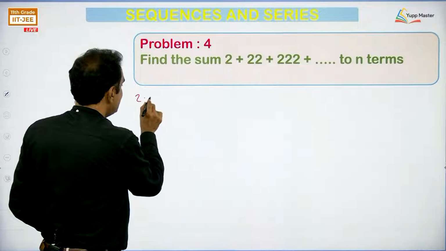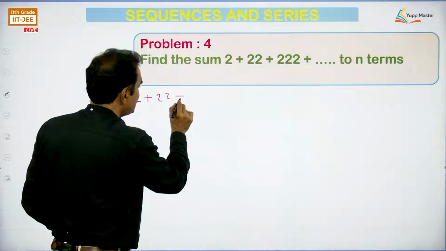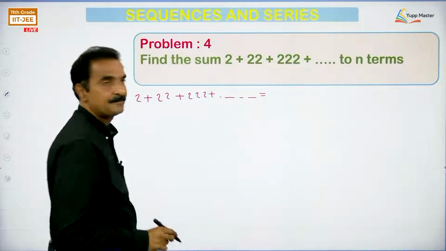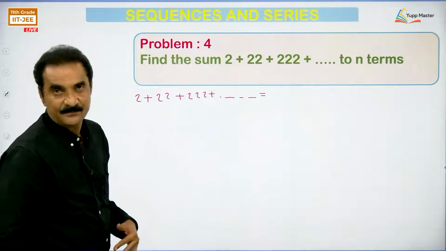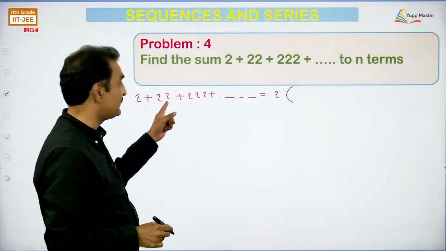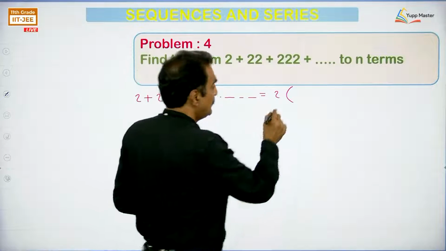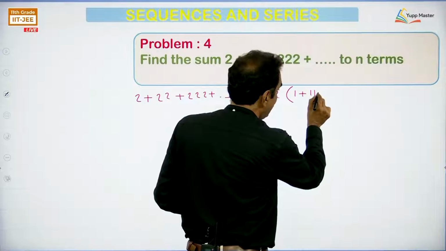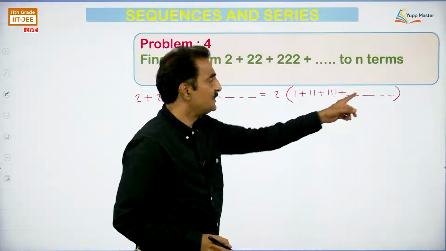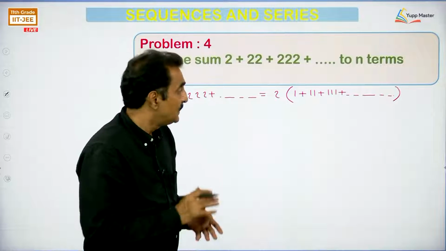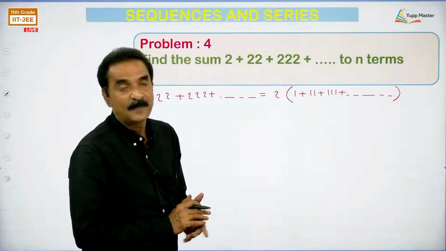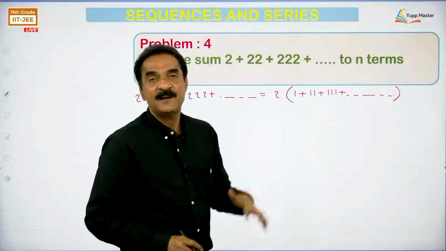First you take this given series 2 plus 22 plus 222 plus and so on. Take 2 common first. 2 into, if you take 2 common, this becomes 1, this becomes 11, this becomes 111. 1 plus 11 plus 111 plus and so on. Still you are not able to write the nth term. Now the actual technique. We have to apply the actual technique now. Divide by 9 and multiply by 9.